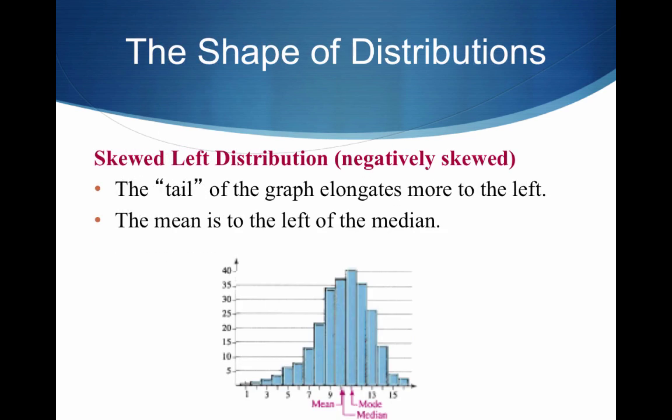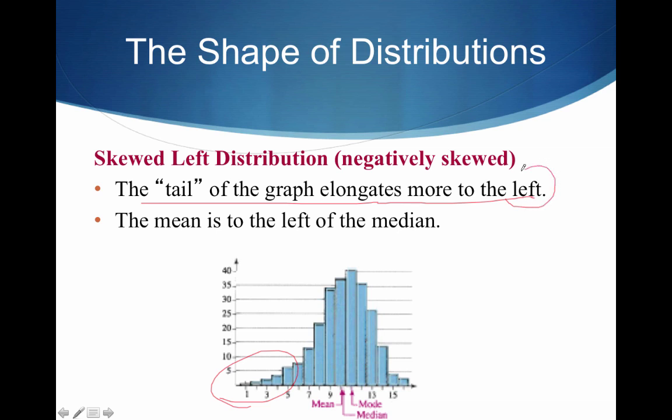All right, now let's get into our skewed distributions. What does skewed left mean, all right? And sometimes you will hear this referred to as negatively skewed. This is the key, guys. The tail, all right, what's a tail? Here's the tail, the thinning out part. The tail of the graph elongates more to the left.